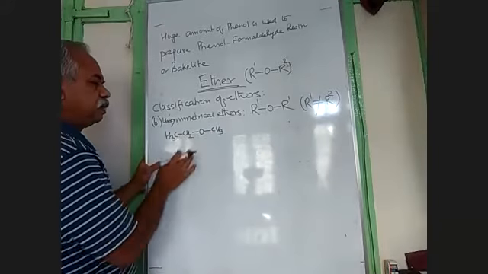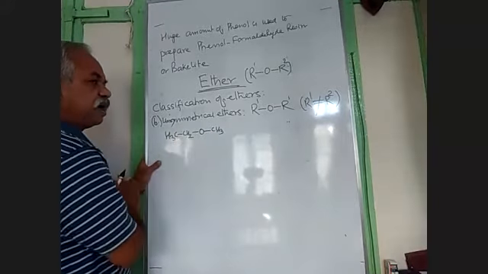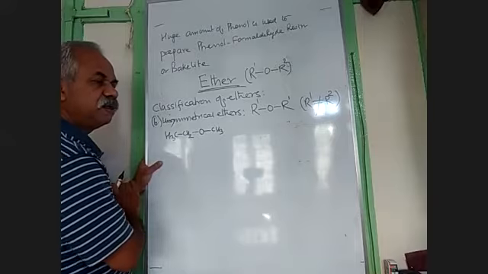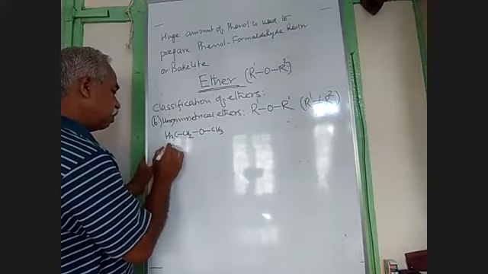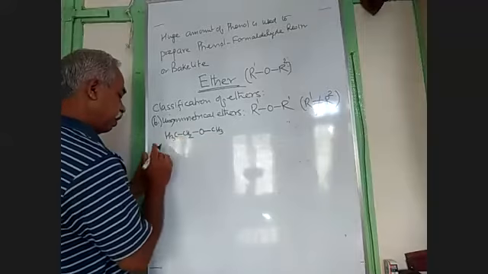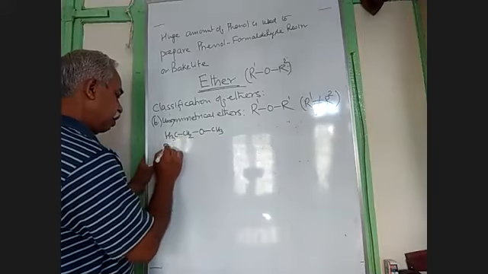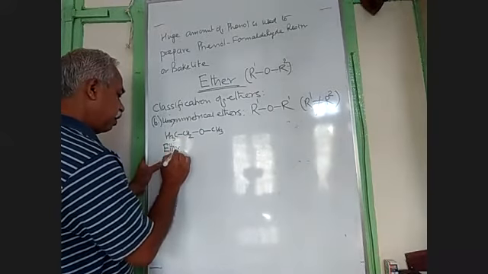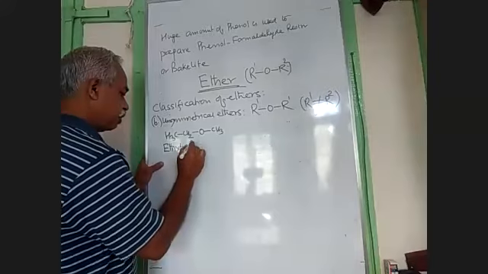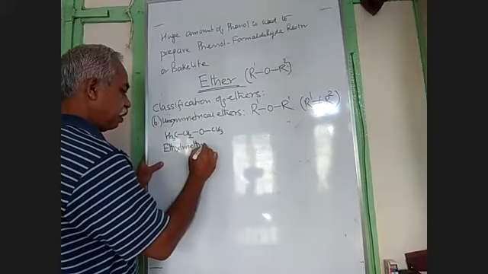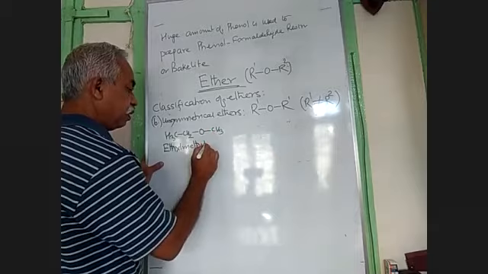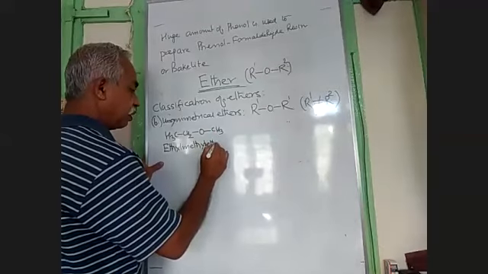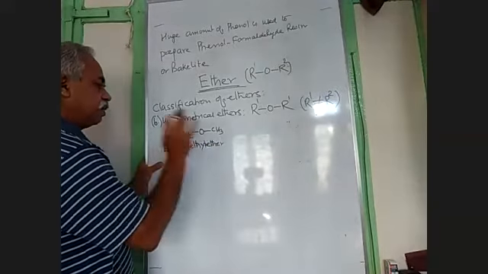Common name: on one side you have ethyl and on the other side methyl. So we say it in alphabetical order. Ethyl comes before methyl. So we'll call it ethyl methyl ether. Clear?